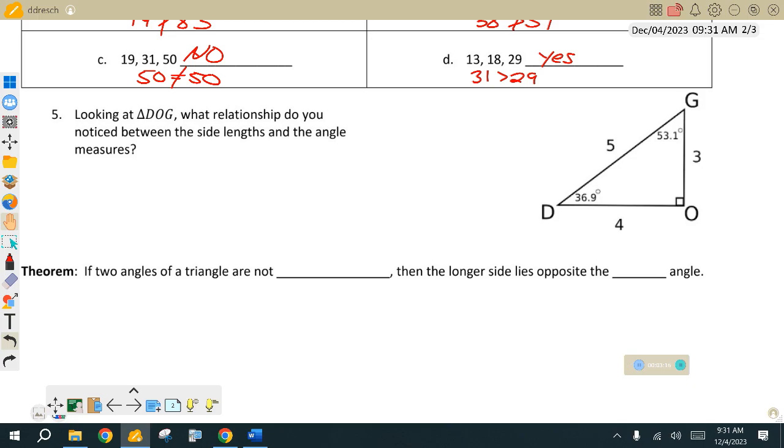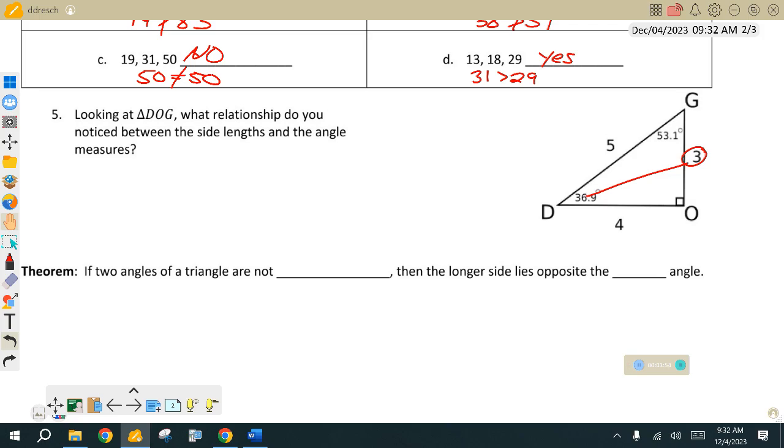In my 3, 4, 5, our go-to, the smallest angle, which is 36.9, is always going to be opposite the smallest side. Doesn't it make sense as it opens up, it's going to open up to make the smallest side? So that relationship is going to be there.